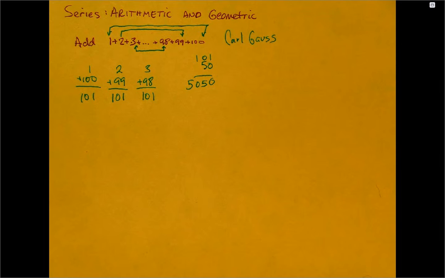His classmates weren't able to, but he was. And that's one of the neat things, that being able to add up these series can have you add up a bunch of numbers really, really fast.